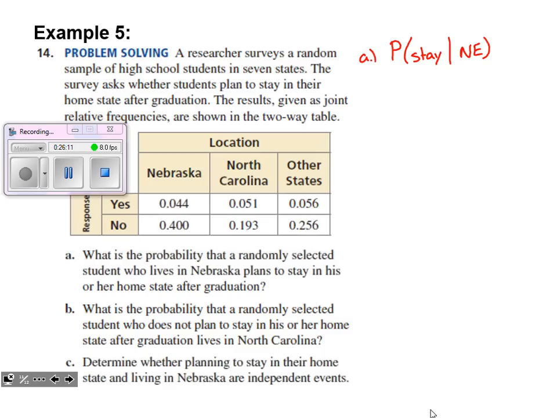What that's going to equal is the probability of staying and being in Nebraska over the probability that they are just in Nebraska.